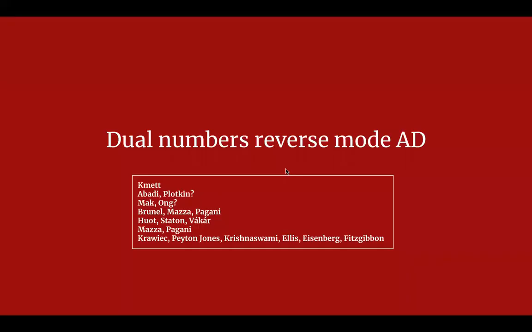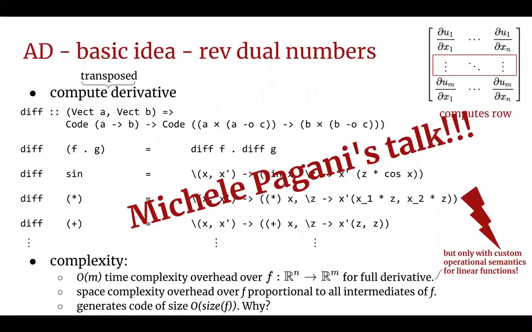Okay, so now you might wonder, well, if this is so much simpler, can't we do something as simple as this for reverse AD as well? And yeah, people have tried this, many people have tried, but it's not as easy as it is for forward AD. So in some ways, the algorithm that Michele Pagani described yesterday in his talk was the best equivalent of a dual numbers version of reverse AD.